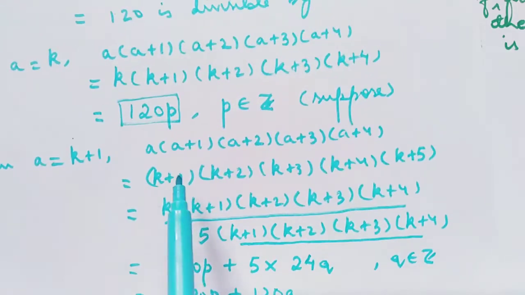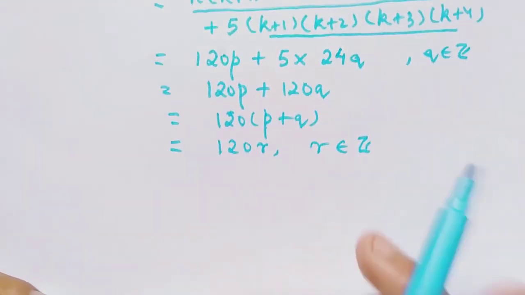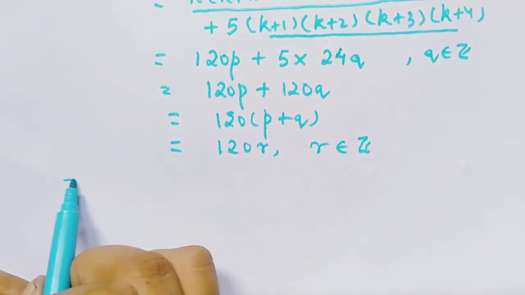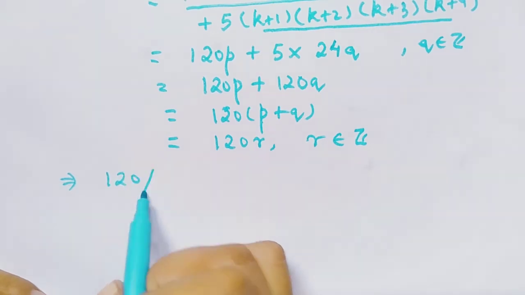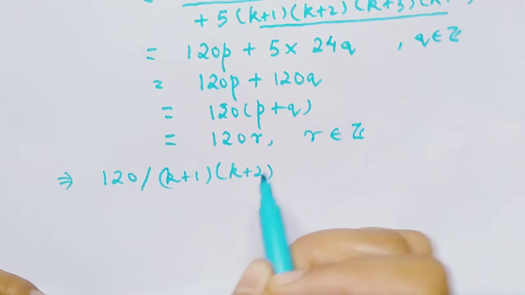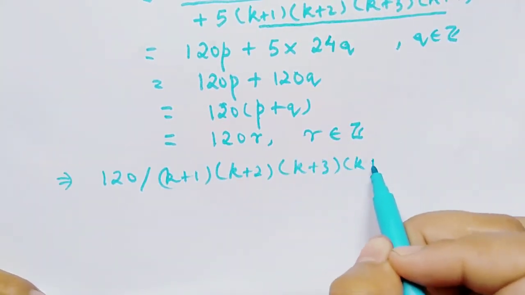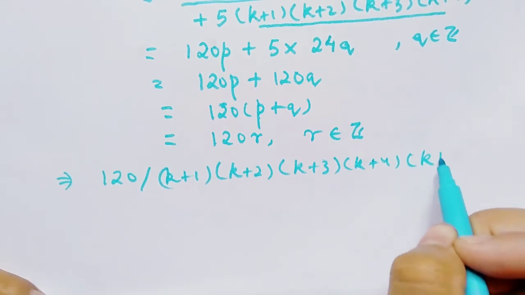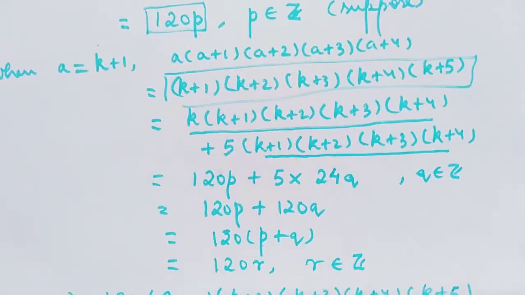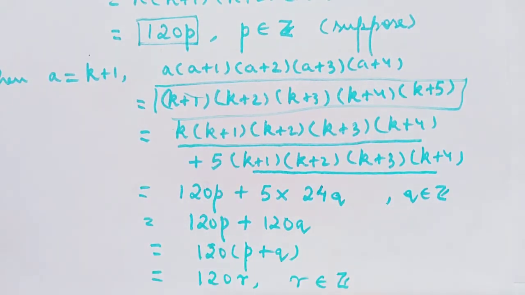Now see, this part is written as a multiple of 120, so we can say that 120 divides k plus 1 into k plus 2 into k plus 3 into k plus 4 into k plus 5. That is, 120 divides this when a is equal to k plus 1. So the result is also true when a is equal to k plus 1.